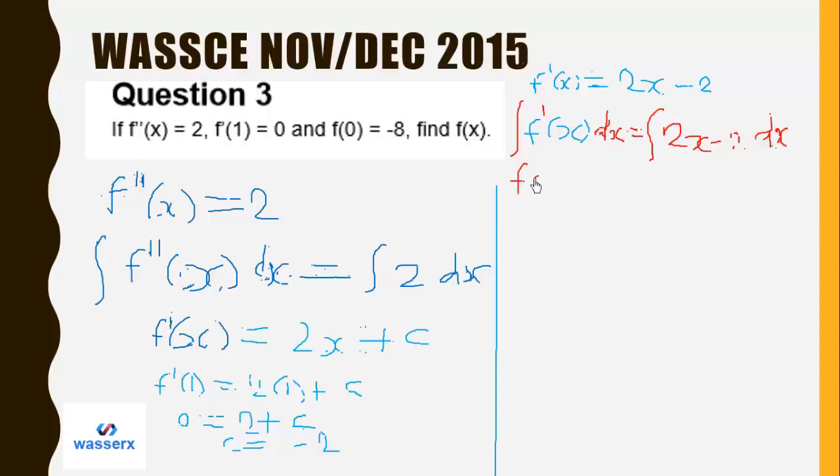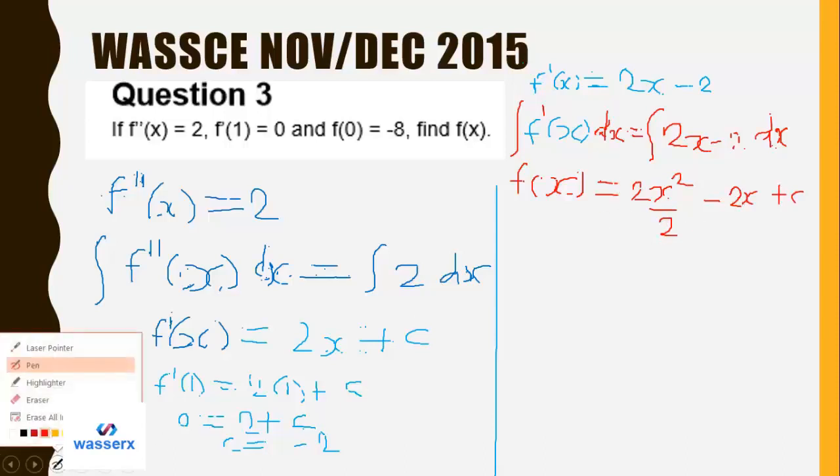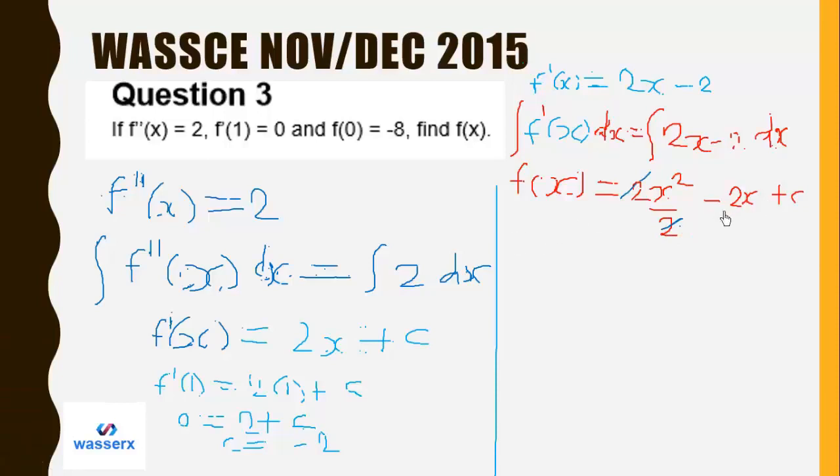Integrating f prime of x, we get f of x, and it is equal to 2 times x squared over 2, and this one will give us minus 2x plus another constant of integration. Now this will simplify: 2 over 2 will cancel. Now we are going to get our f of x to be equal to x squared minus 2x plus c.